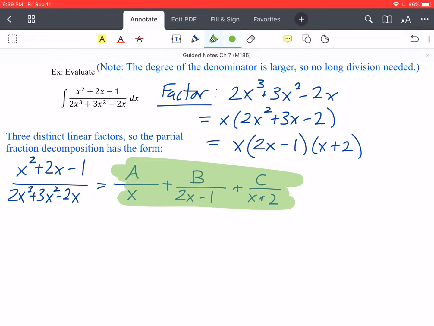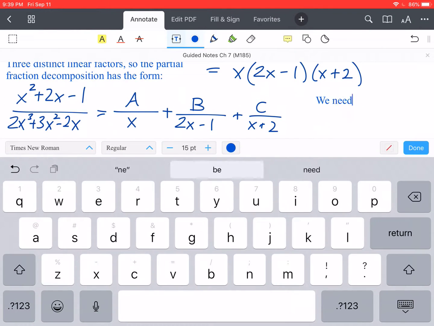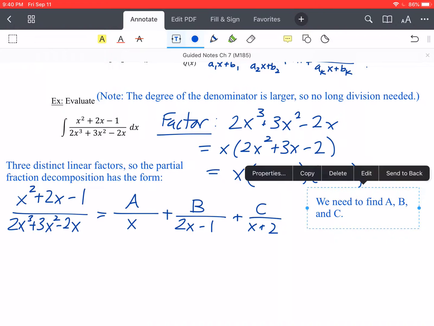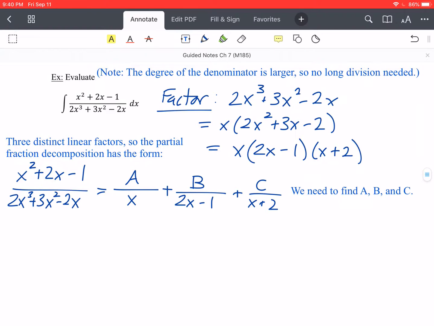Okay, I need to find those constants to be able to do that. So just make a note. We need to find A, B, and C. If we can find A, B, and C, then we integrate.